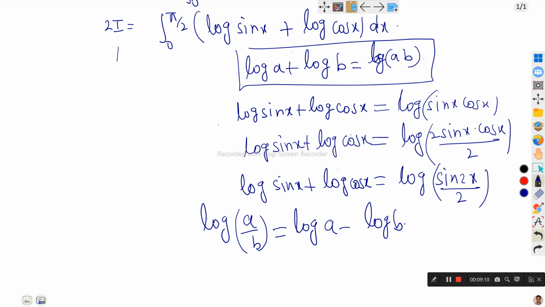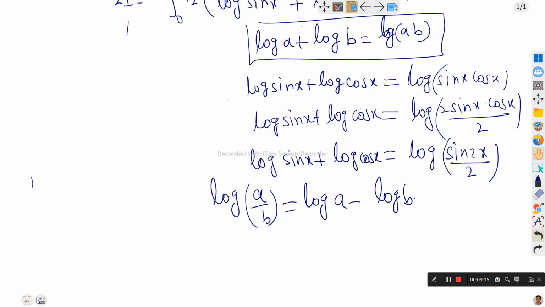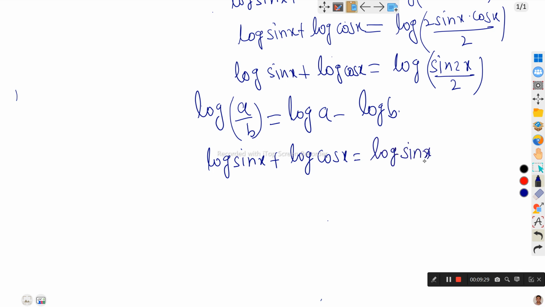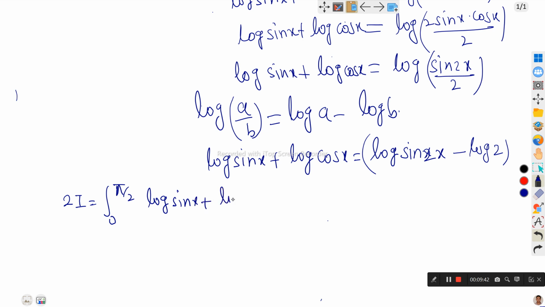So the integrand, log sin x plus log cos x, would be equal to log sin 2x minus log 2.